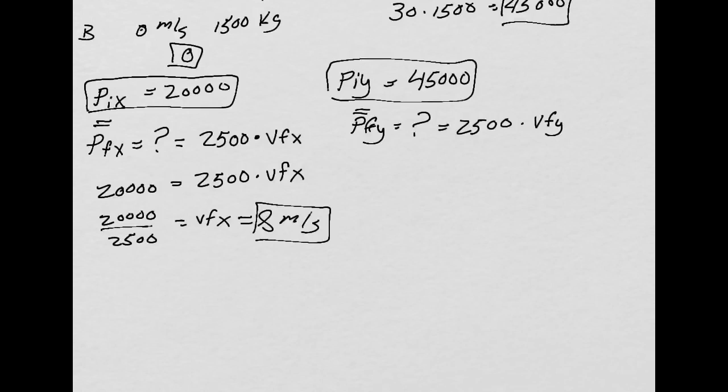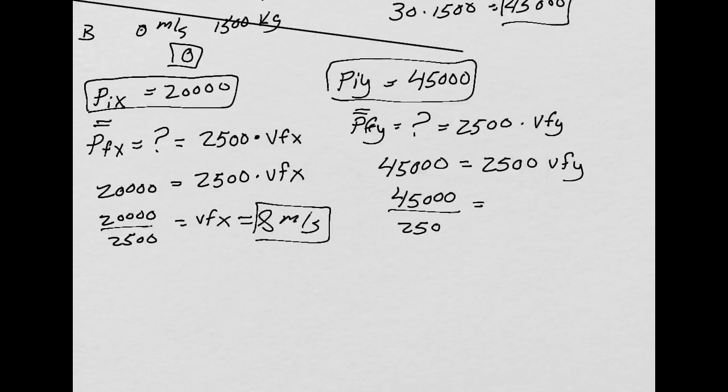If we go to the y direction, P initial y is 45,000. P final y is 2,500 times V final y, which means that 45,000 divided by 2,500 is equal to V final y. So V final y is equal to 18 meters per second.